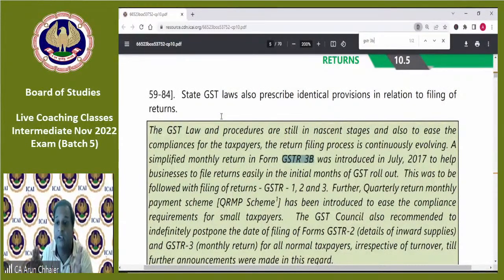GSTR 3B will cover tax liability, input tax credit, RCM transactions, and the balance to be paid in cash, then only you can file the GSTR 3B. The due date for filing the GSTR 3B is also the due date for payment of the taxes.